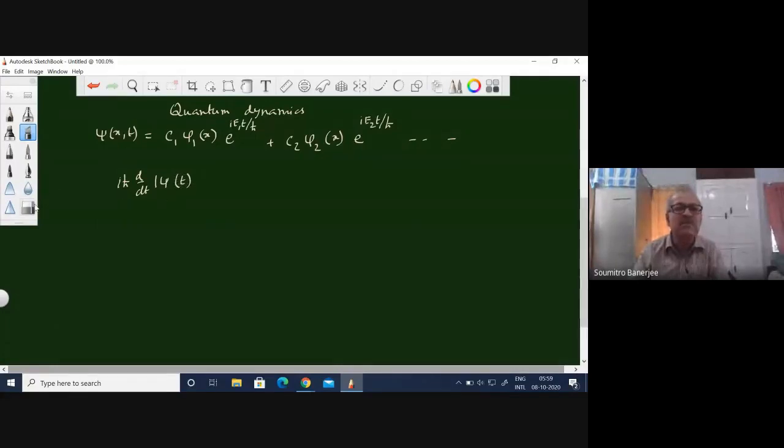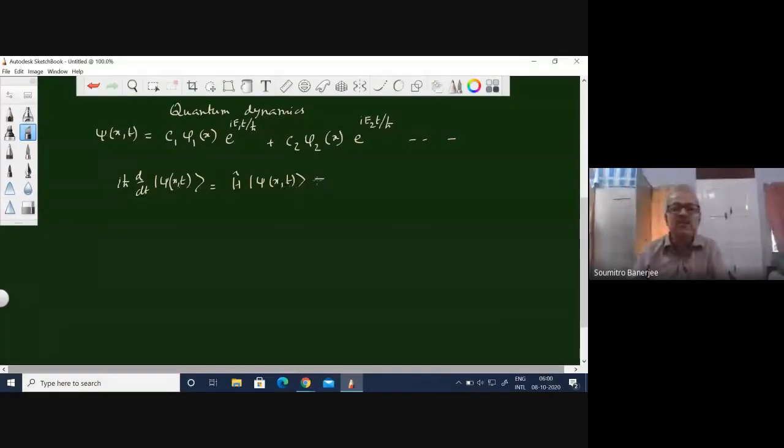So I write the whole thing. This is nothing but the Hamiltonian operator operating on psi. This is a first order differential equation, so you can easily solve.